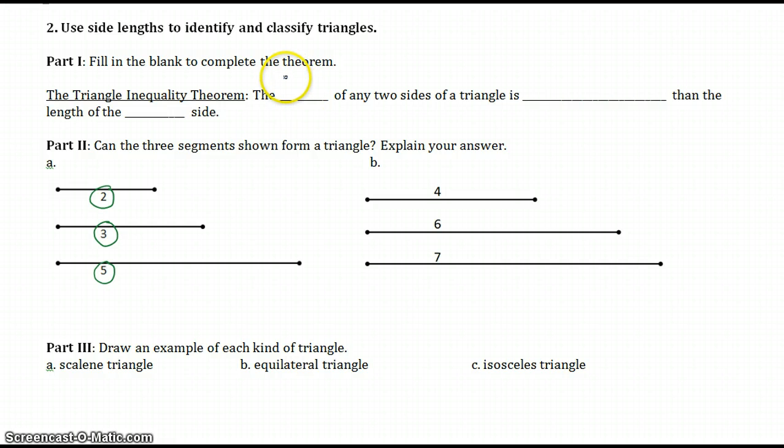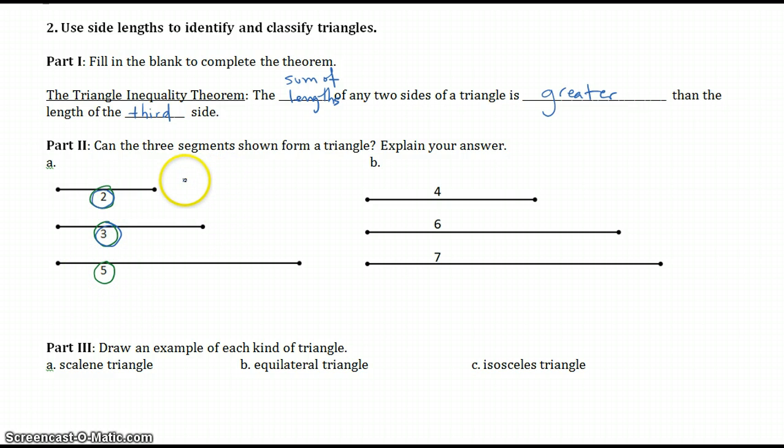Now the triangle inequality theorem states that the sum of the lengths of any two sides of a triangle is greater than the length of the third side. So as long as the two shorter legs add up to be more than the third leg, I can make a triangle.